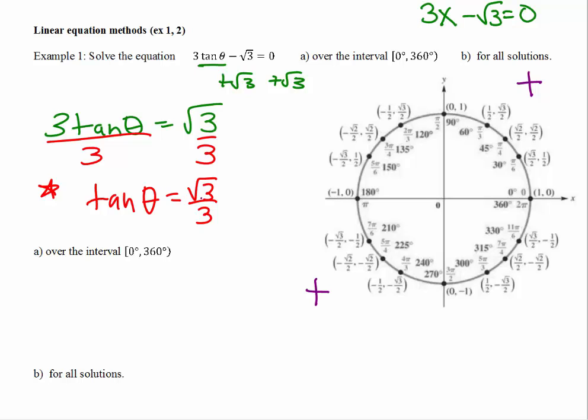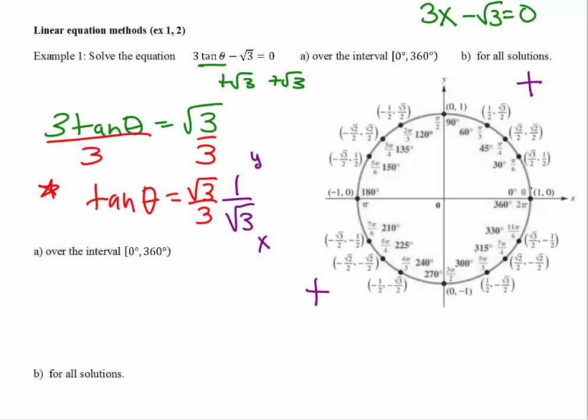Remember that before we rationalized, if I was to unrationalize this, I would end up with 1 divided by the square root of 3. And remember that tangent is the y value divided by the x value. So I'm looking for points on my unit circle that if I did y divided by x, I would get 1 divided by the square root of 3.